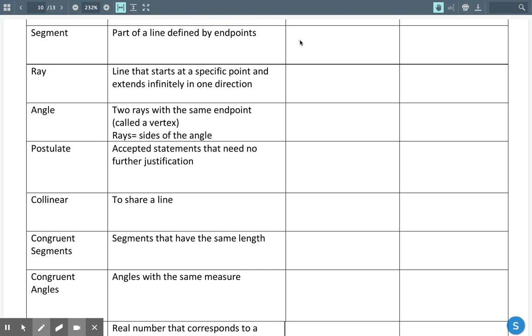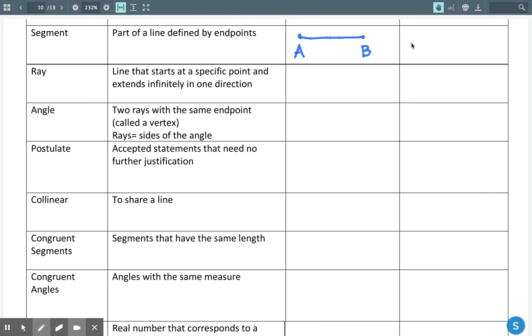So if I have, let's say an endpoint A, and then over here, I have an endpoint B. Okay, a line would just go all the way through and continue on forever. But a segment, or sometimes called a line segment, stops at those endpoints. It doesn't go on further.